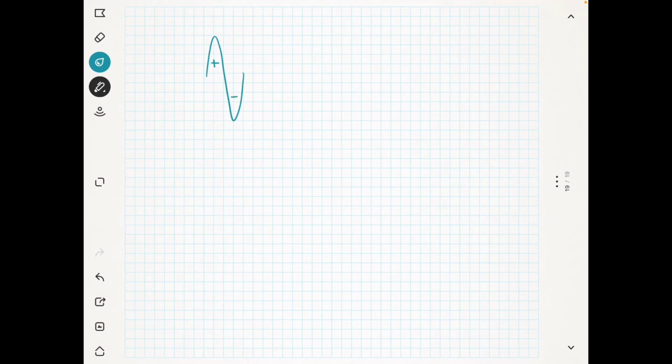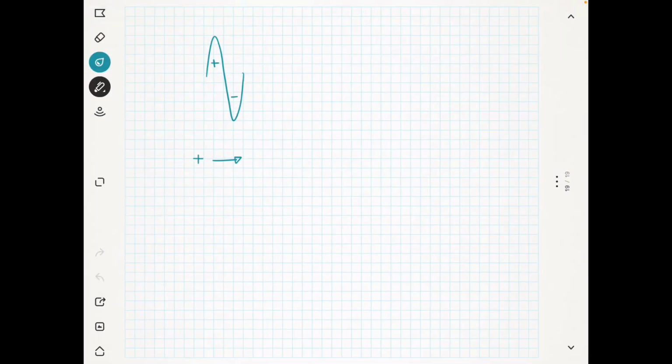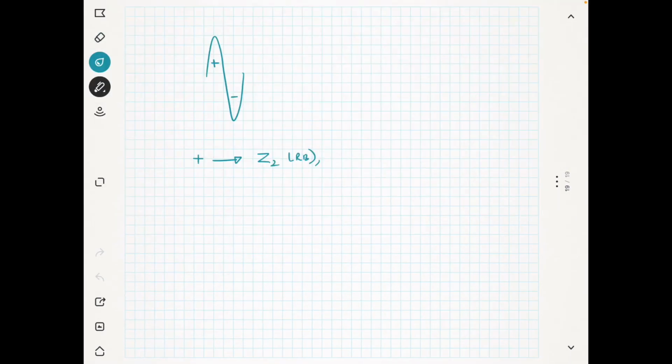When the output is positive, with diodes Z1 and Z2, the Z2 is in reverse bias, and Z1 is in forward bias. And what will happen? The current will be passing through the Zener diode.